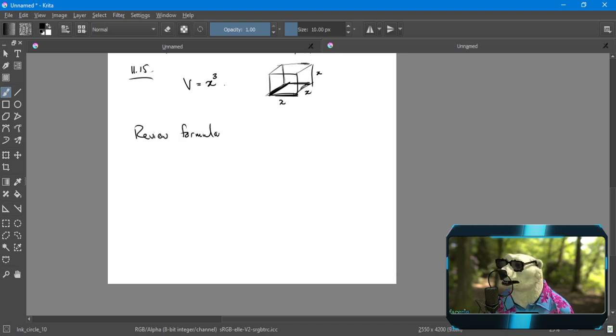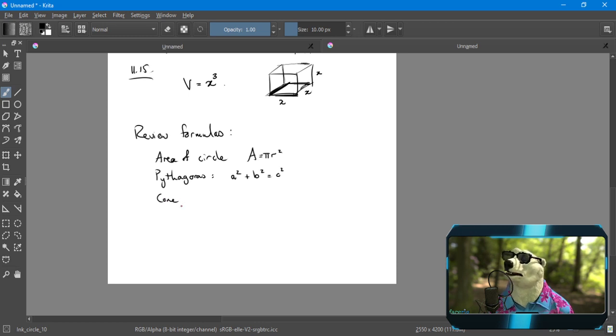Review the formulas we need to know. The two-dimensional ones are area of a circle. Area equals pi r squared. The triangle equation from Pythagoras: a squared plus b squared equals c squared. Then we have a cone. Let's clarify that.